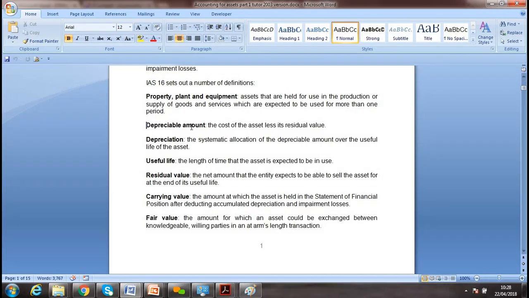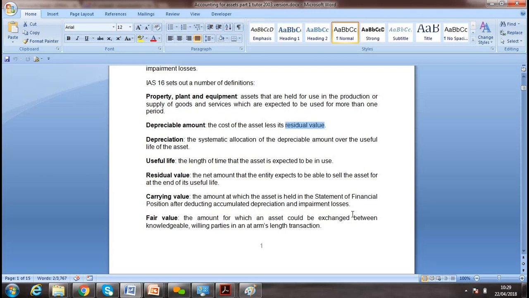So the depreciable amount is the cost of the asset less the residual value. Has anyone heard about residual value? It's the value that's subtracted after applying the depreciation.